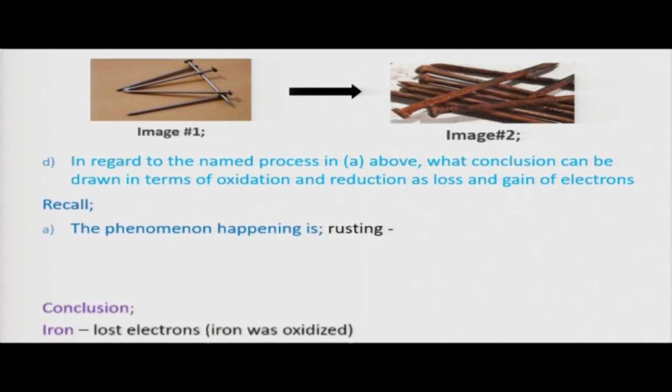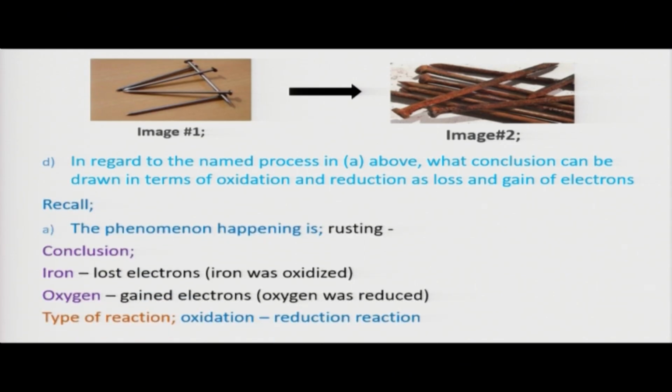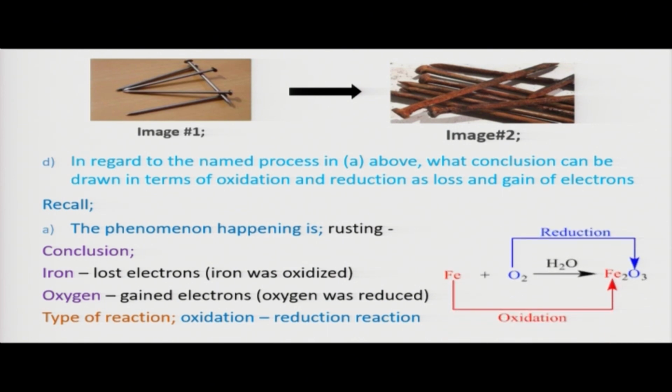You're noticing that rusting is a redox reaction. It has loss of electrons by iron, and gain of electrons by oxygen.